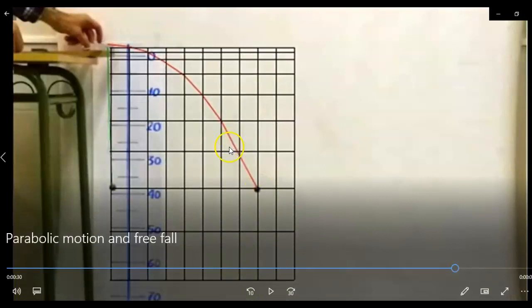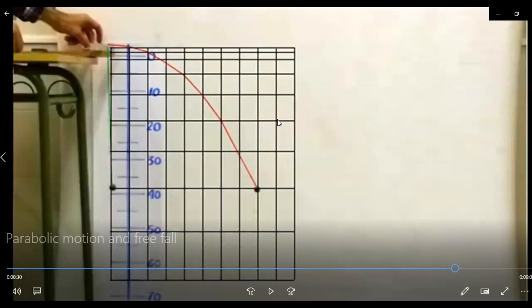Each time another interval of time goes by, it travels another box to the right, and those lengths are uniform. They're the same length. So as each moment in time goes by, it travels the same distance to the right because it's got a constant velocity in the x direction.